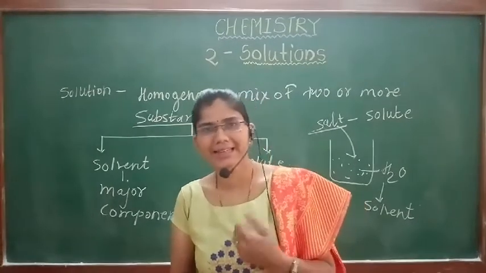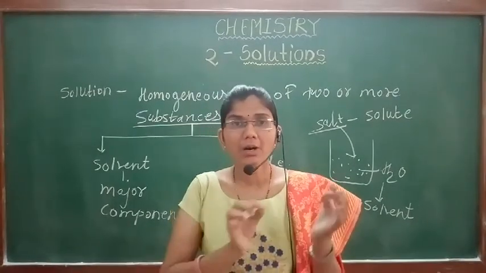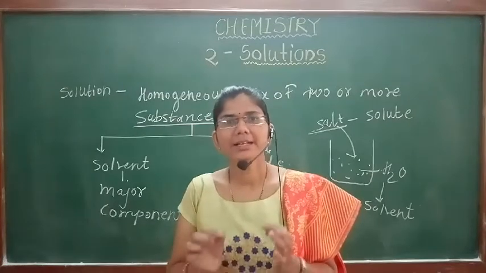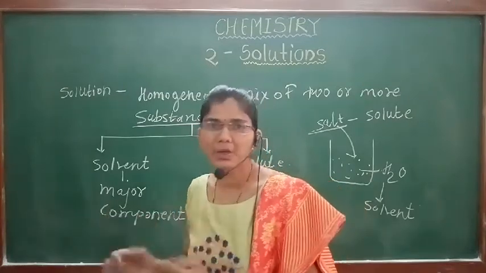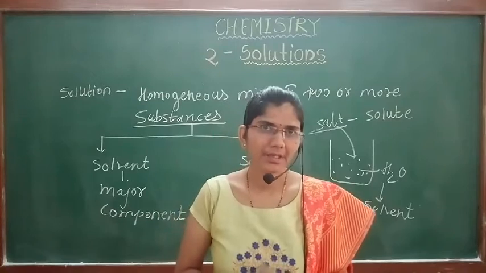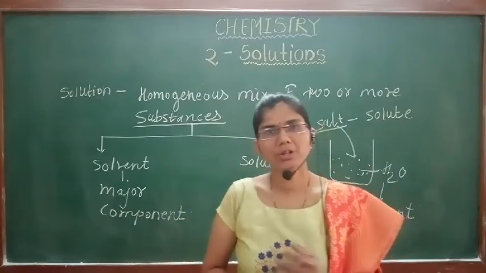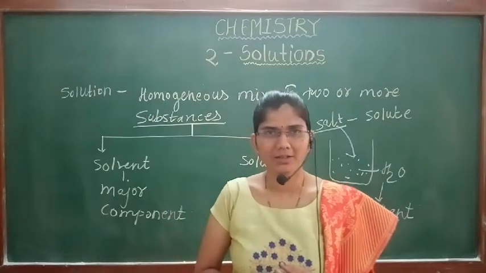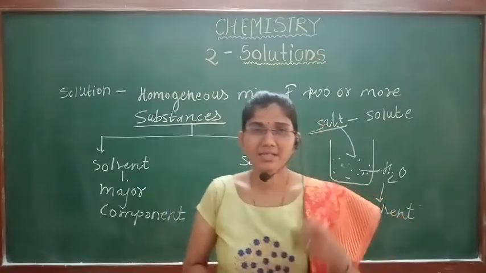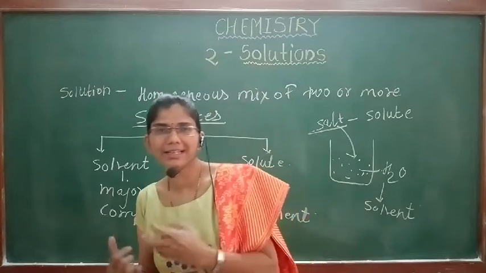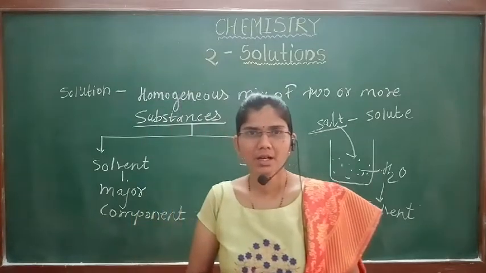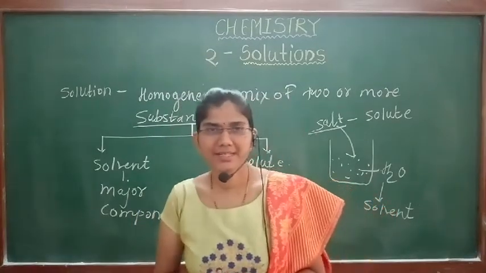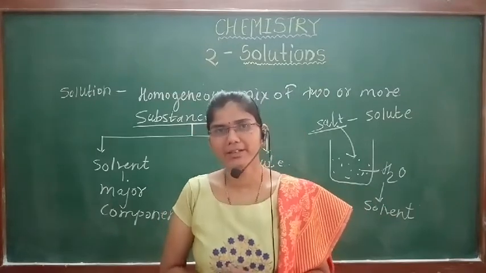Like dissolves like, that means a polar solute dissolves in a polar solvent and a non-polar solute dissolves in a non-polar solvent. A polar solute, for example NaCl, dissolves in water.